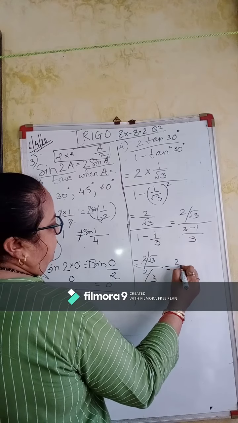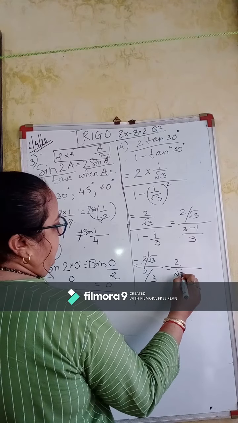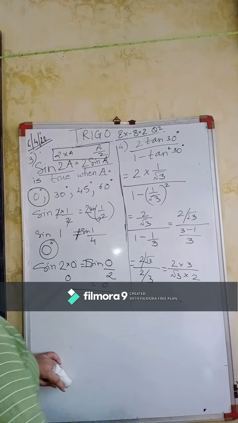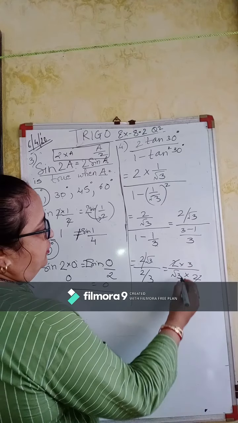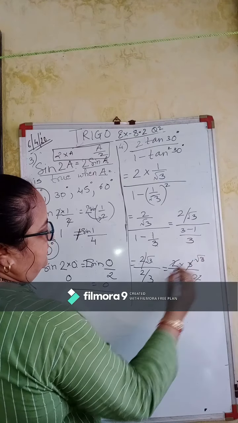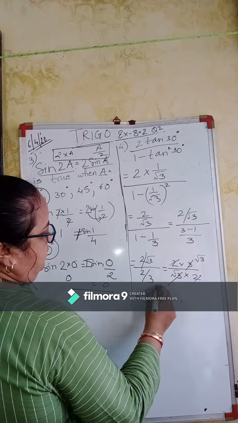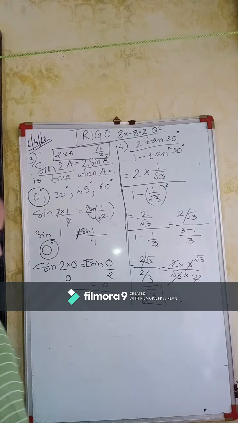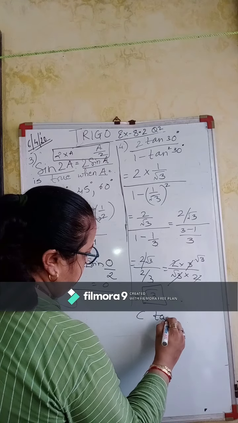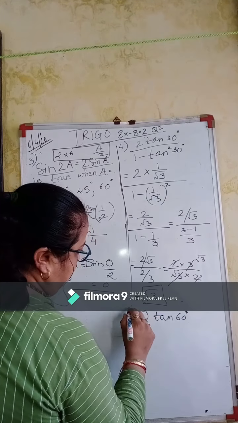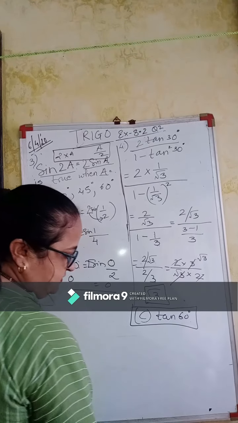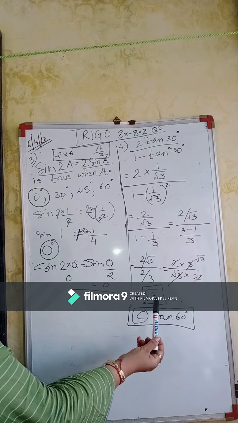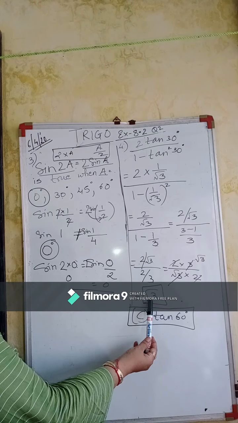So the 2 remains, root 3 comes down, 3 goes up. 2 and 2 cut, root 3 and root 3 cut, and root 3 is left, so the answer is root 3. For which option is root 3 the answer? It is option C, tan 60. You have to find this from the table. Root 3 is matching which measurement?